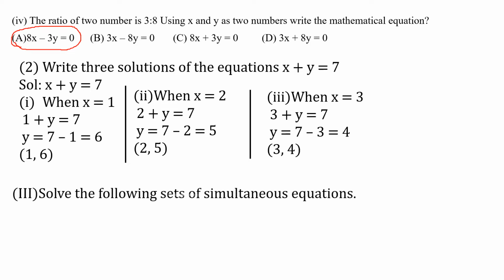Okay, moving to the next one. Solve the following set of simultaneous equations. The first one: 2x plus y equals 5, and the second equation given is 3x minus y equals 5.